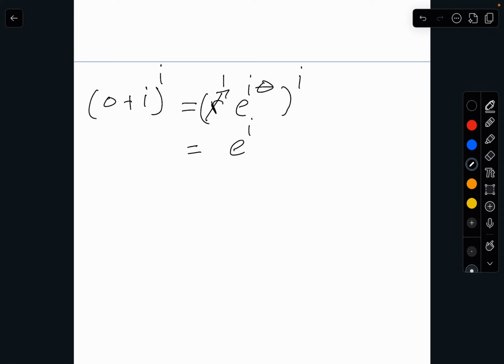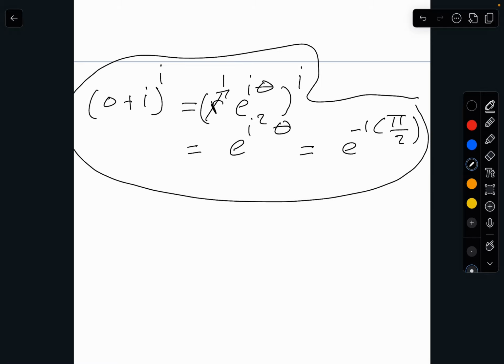So it's going to be e to the power i squared times theta, and i squared is minus 1. So e to the minus 1 times theta, and theta is pi over 2. So we get the answer for this question.